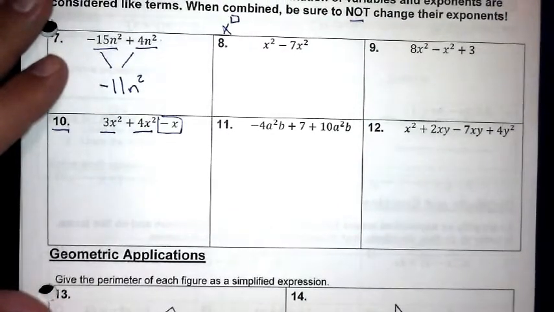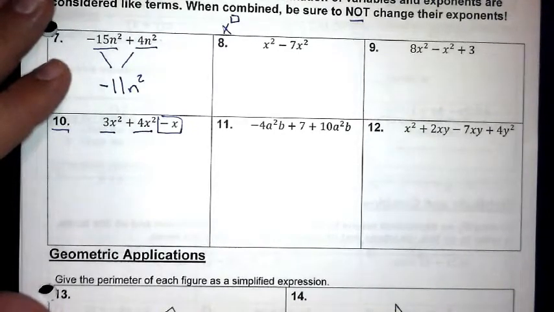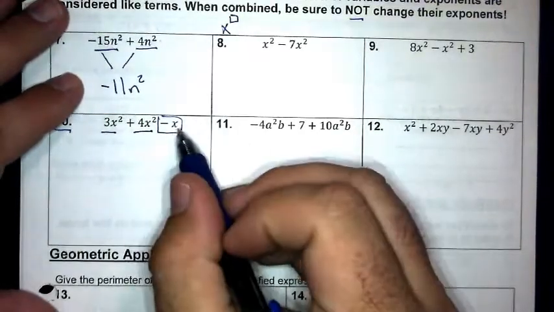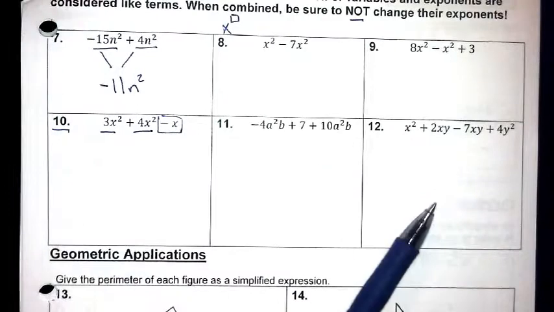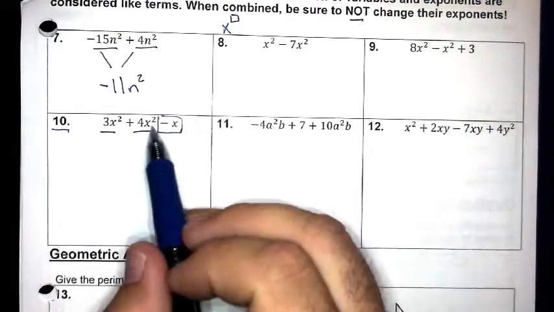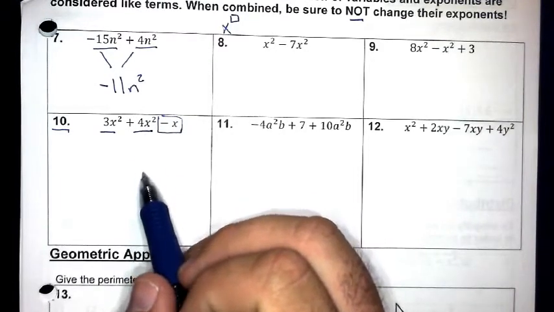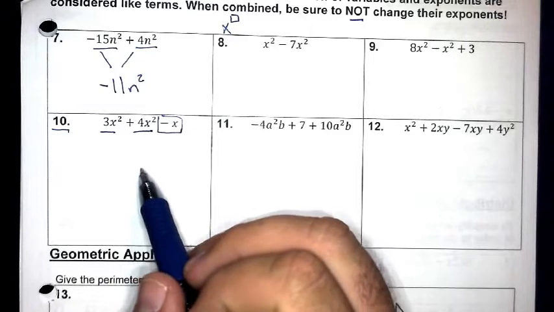Who wants to tell me why? Someone different. Because this x is not squared. Fantastic. Okay? Because that x is not squared. It's not the same. Yes, it has the same variable. But the variable and the exponents must match.